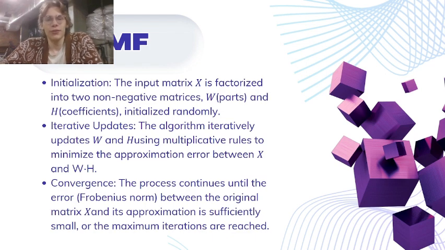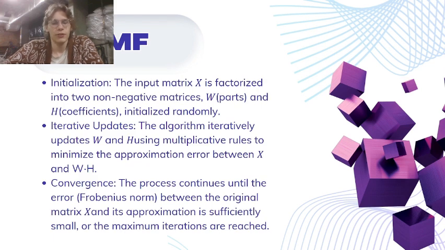The algorithm iteratively updates V and H using multiplicative rules to minimize the approximation error between X and V multiplied by H. Convergence. The process continues until the Frobenius norm error between the original matrix X and its approximation is sufficiently small, or the maximum iterations are reached.